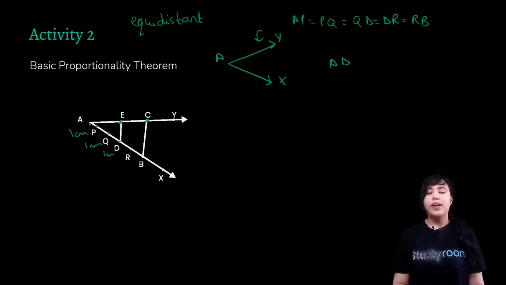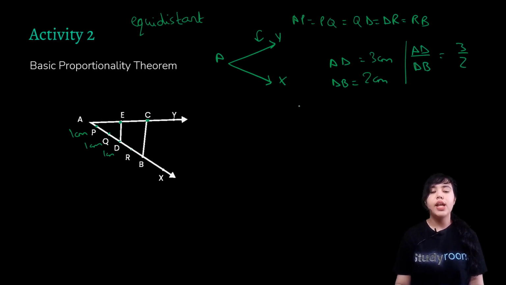So if you had this gap of 1 centimeter, then it should turn out to be 3 centimeters. Then you find out DB, which should be 2 centimeters if you took a gap of 1 centimeter. So basically then you calculate AD upon DB, that turns out to be 3 by 2. Remember this. Then find out AE upon EC.